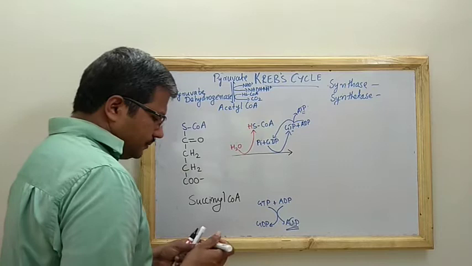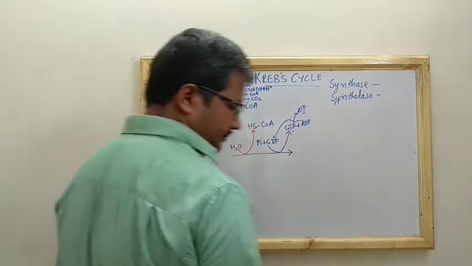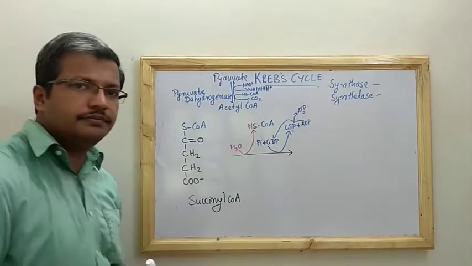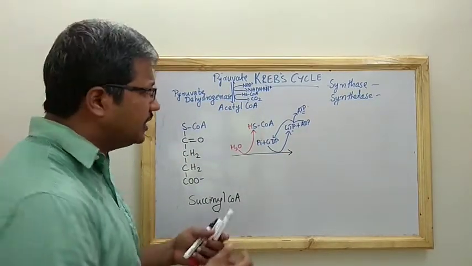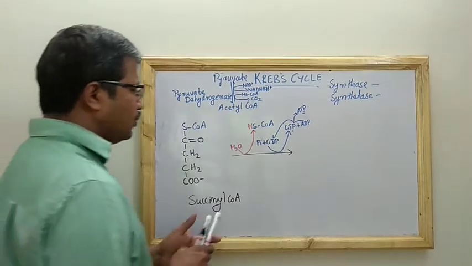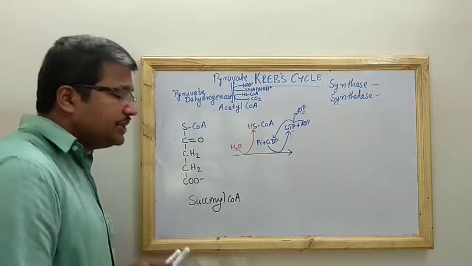Okay. So which enzyme will be there? Let us see the resulting molecule and then we can see what will be the enzyme. So what is formed? The succinate will be formed.